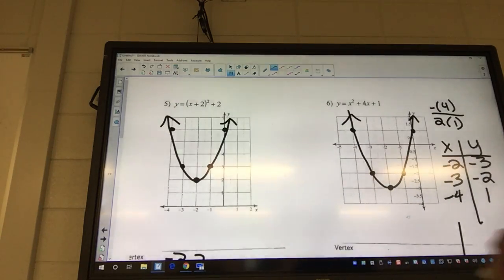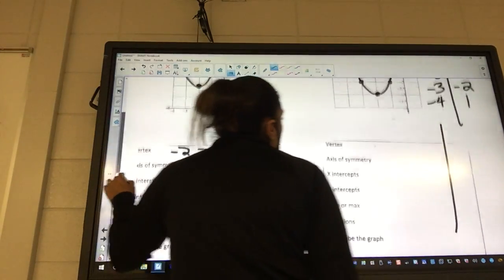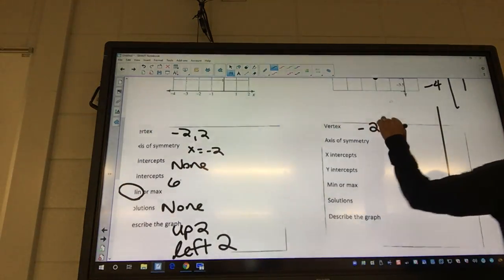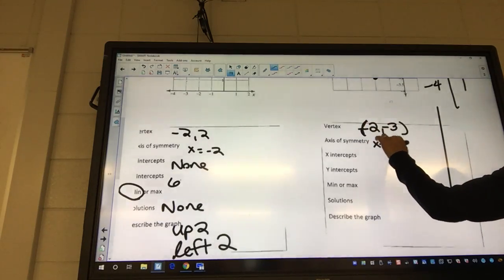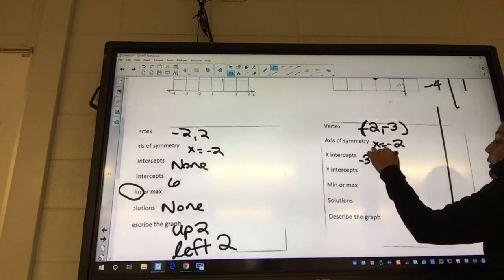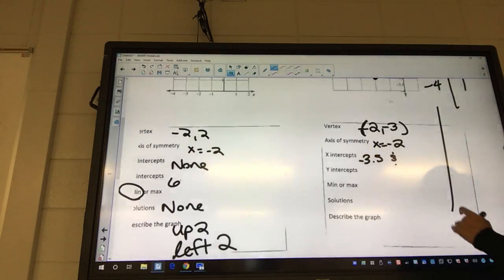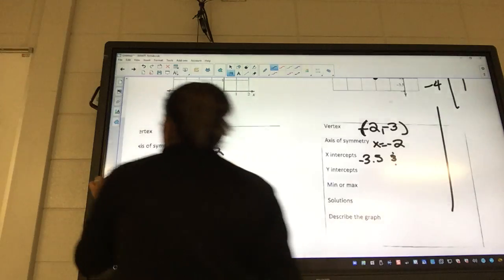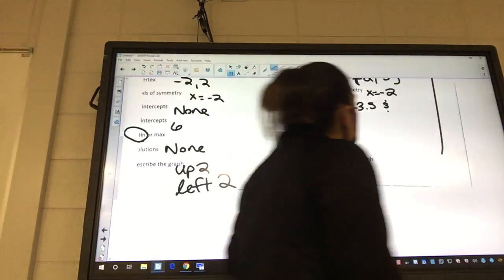What's the vertex? -2, -3. Axis of symmetry. X equals -2. X-intercept. -3.5 and I'm assuming there's 2. -0.5.